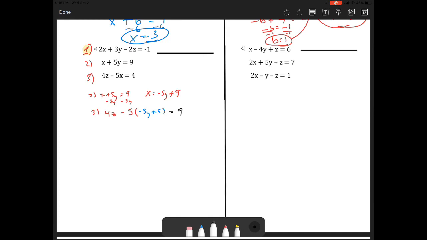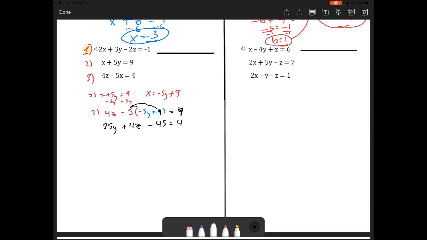I'm going to solve this one real quick, and I'm going to reorder it just so it makes a little more sense to me in just a minute. So I'm going to end up with 25y and then plus 4z, and because that's a 9 right here, it's going to be minus 45 equals 4, because this is a 4 right here. So that's going to be what that one is right now.